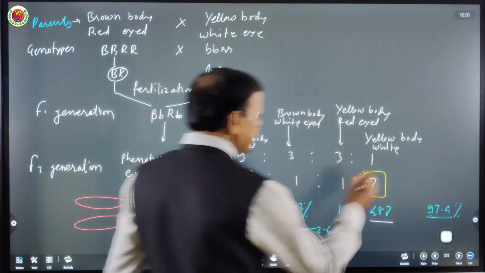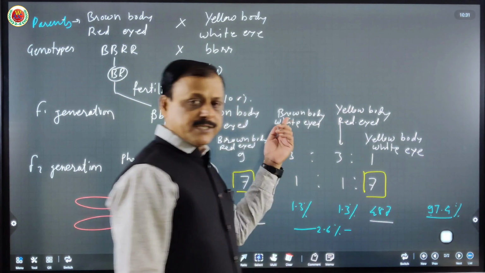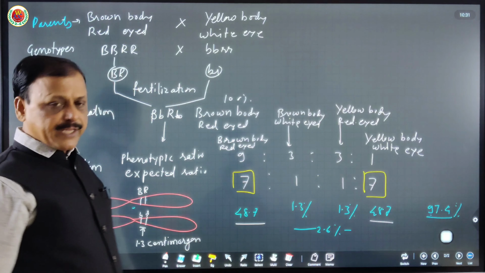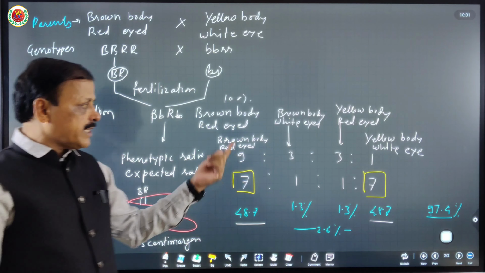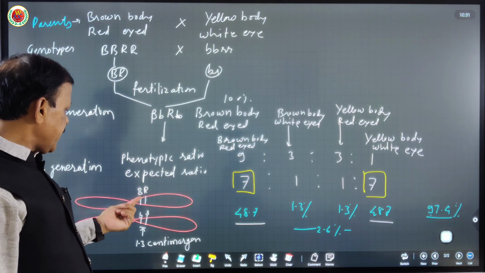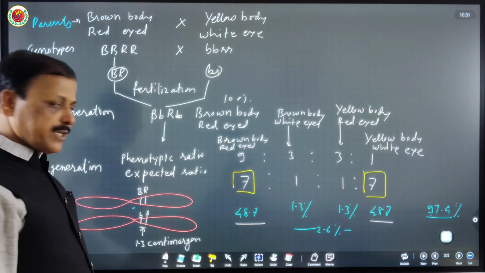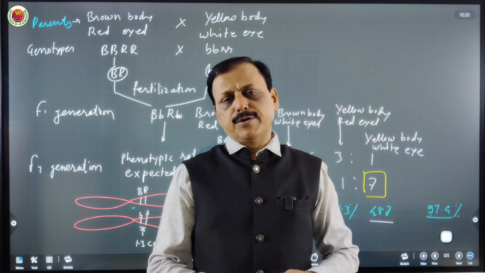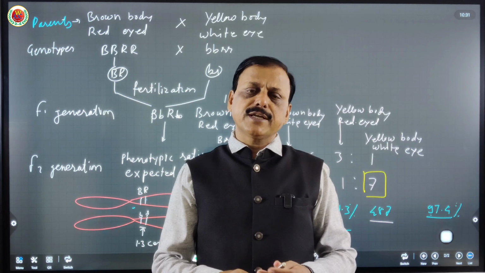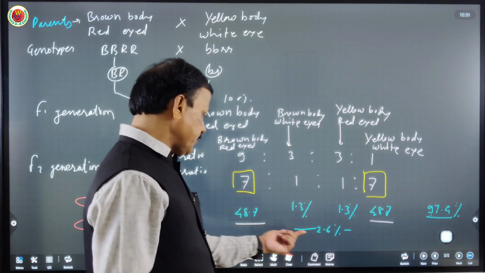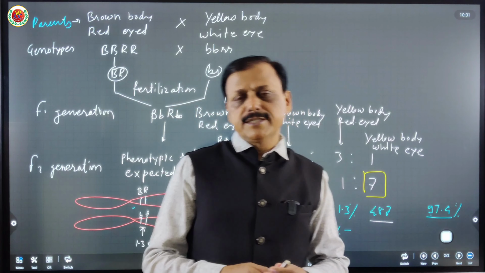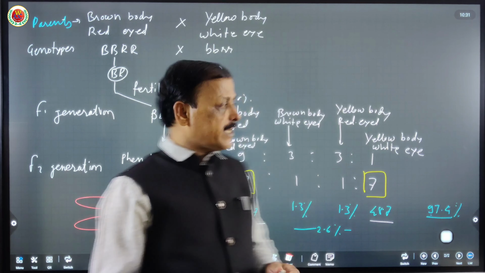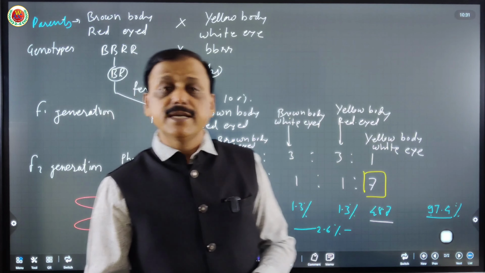This shows more parental combination than new combinations with brown body and white eye or yellow body and red eye. So they concluded that the genes for brown body and red eye, as well as yellow body and white eye, must be very close to each other. Therefore, they could not cross over and obtain new recombinants, and the number of recombinants observed was very small. That means the genes are linked genes and are inherited as they are in their parental form. Therefore they called these linked genes, and the phenomenon linkage.